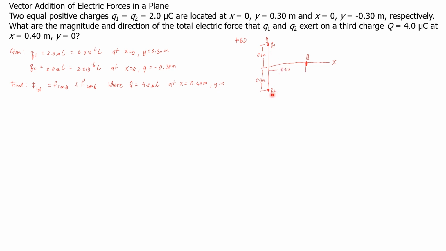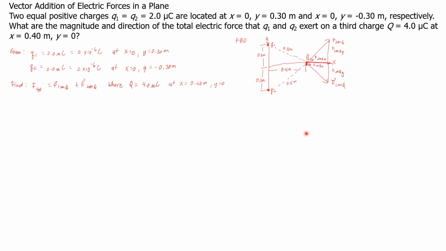And our Q2 is located at negative 0.3 meters along y, and x is 0. And your third charge, that is your Q, is located at x equal to 0.4 meters, and y is 0. So this is our free body diagram. Okay?